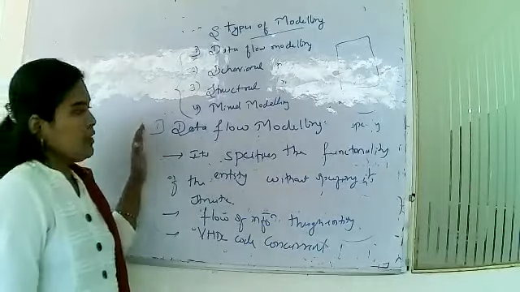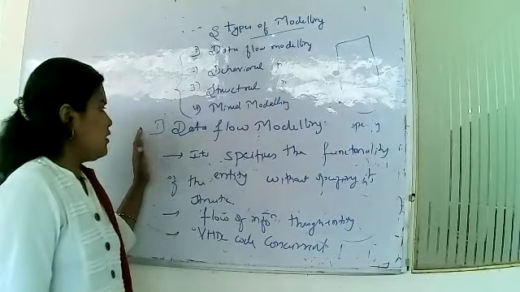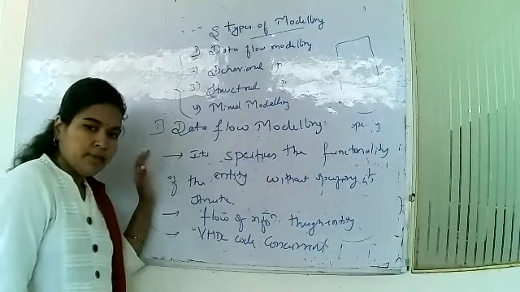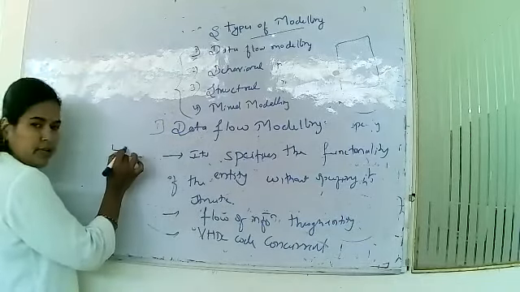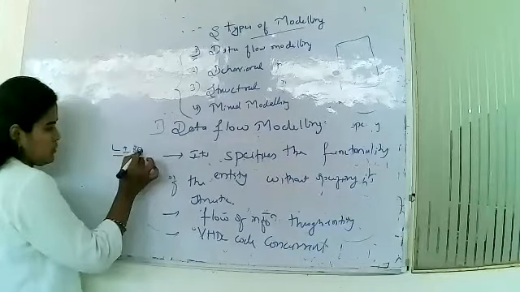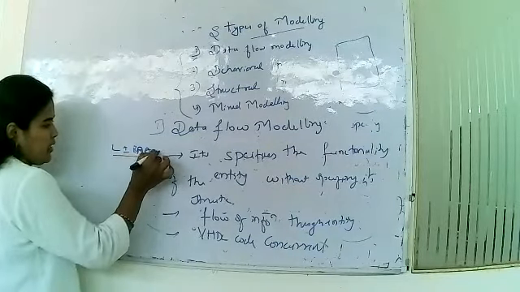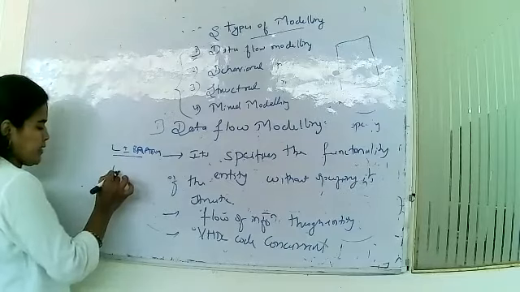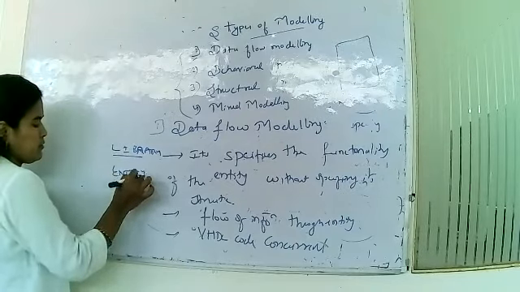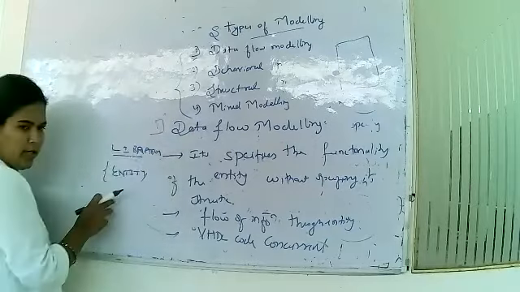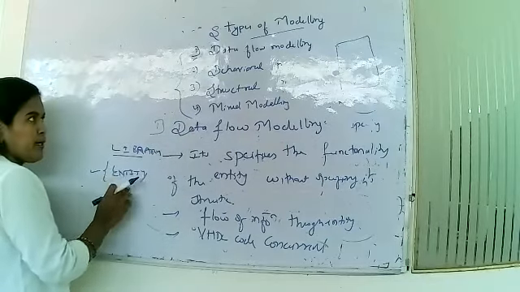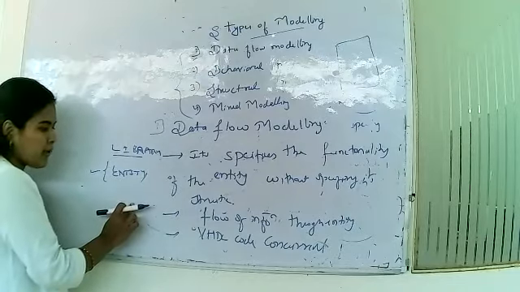See here. First we will study what is data flow modeling. In data flow modeling, as I told you, library is the first section. Next section is entity. In data flow modeling, this is a very important part. What will happen?